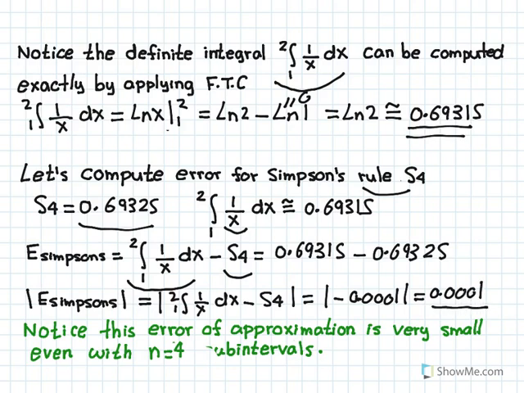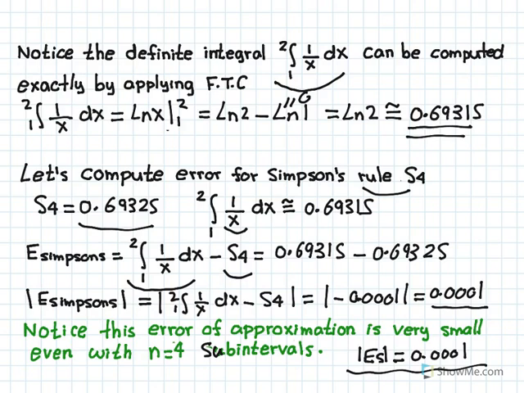That's 1 over 10,000. So it's a very small error. The error of approximation is very small with n equals 4 subintervals. This is why this is a really good technique, because it gives us really accurate results with very small errors. This error is 1 over 10,000.